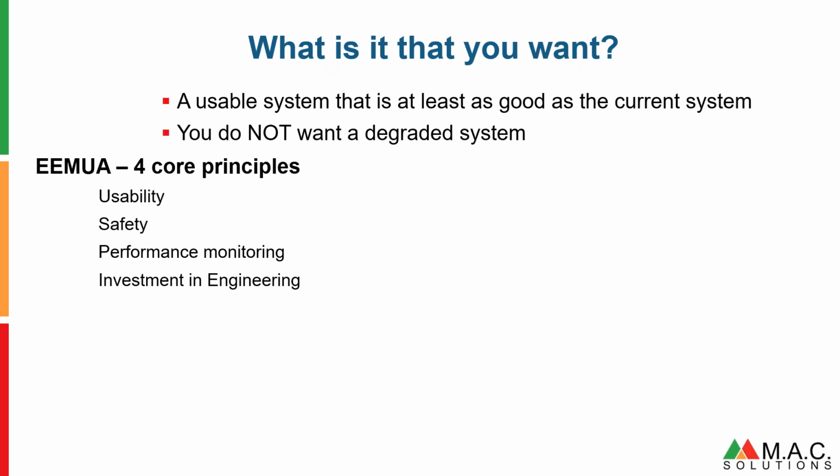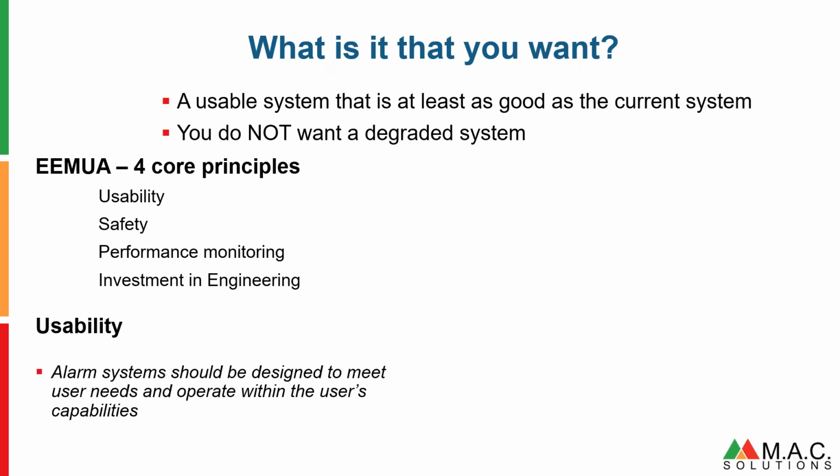And if we think about the EEMUA guidelines, they are based around four core principles: usability, safety, performance monitoring, and investment in engineering. When you're upgrading or replacing your system, think about usability. Alarm systems should be designed to meet the user's needs. So what does the operator want?